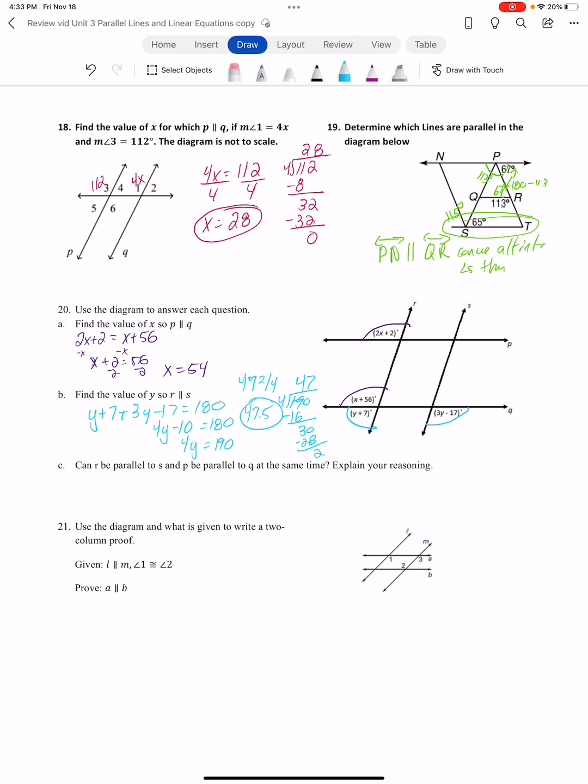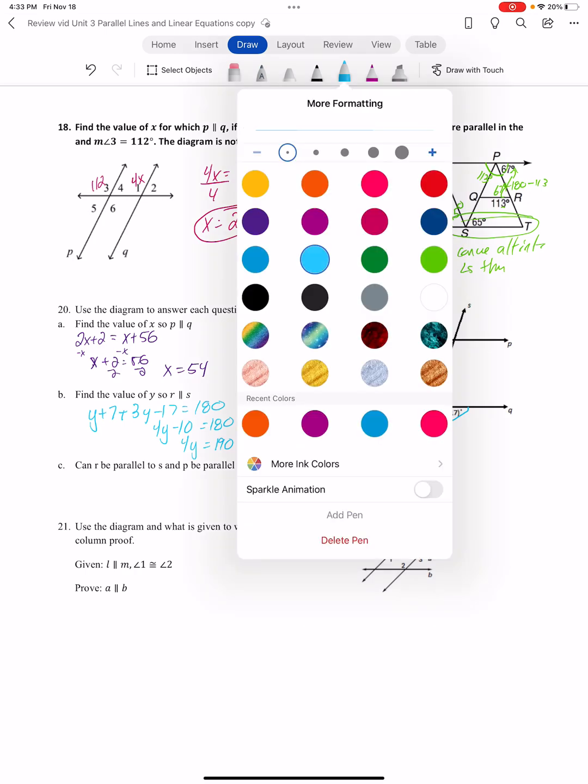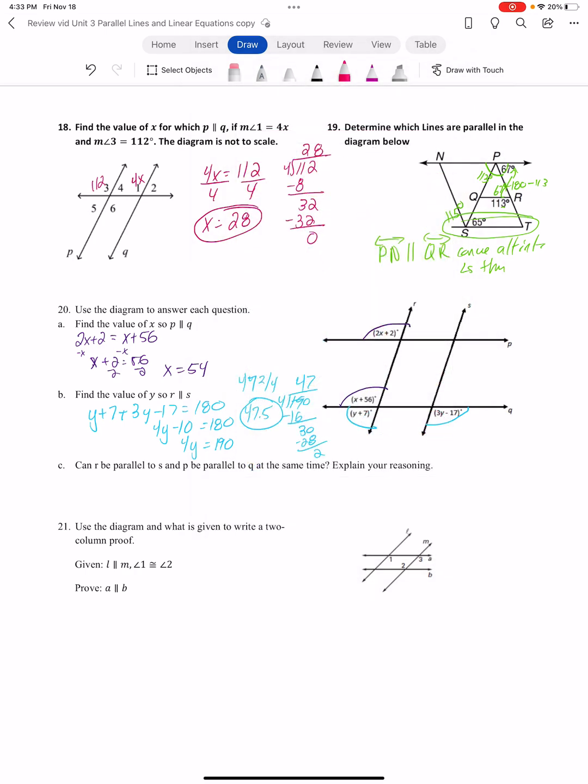Now, it asks, can R be parallel to S and S be parallel to Q at the same time? So what we do is we substitute, okay? When I plug in, I know that if those lines are parallel, x would have to be 54. So for this right here, this angle here would have to be 2 times 54 plus 2. So that's going to be 110 degrees, okay?